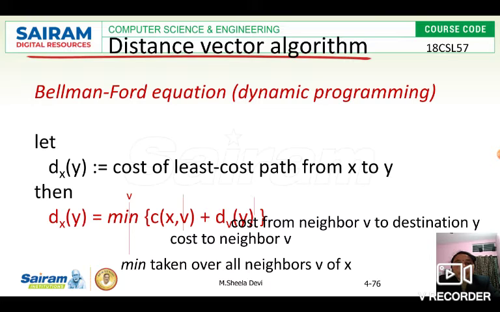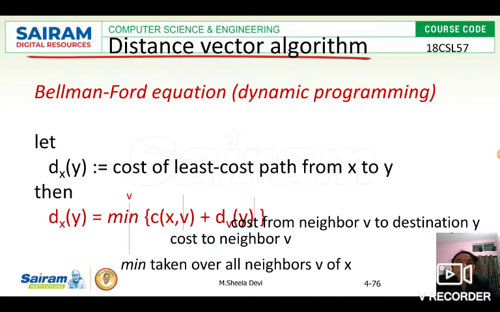That is, if we go through some intermediate node. If x and y are directly connected, you can give the cost. If it is not directly connected, you can find an alternative path through some intermediate node, whether any path exists between x and y.